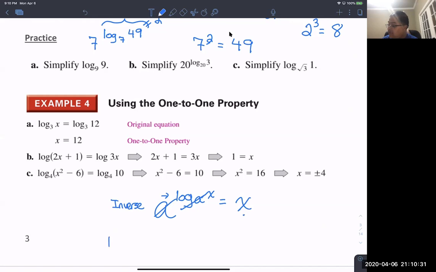Same thing with this. Log base a of a to the x is x. And that was one of our properties of logarithms. So taking the log base a of an exponential cancels that, gives you x. And taking the exponential of a log base a also cancels. That leaves you with x.